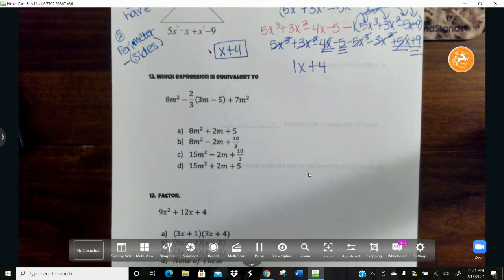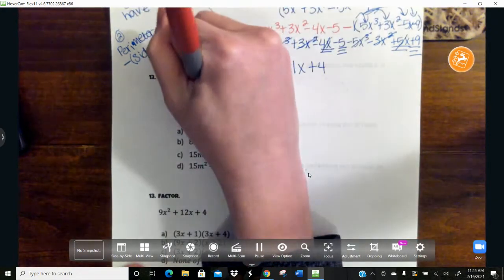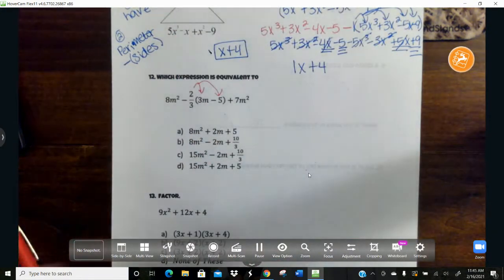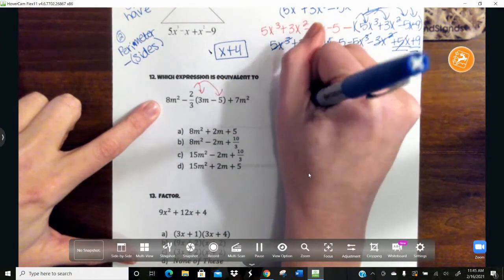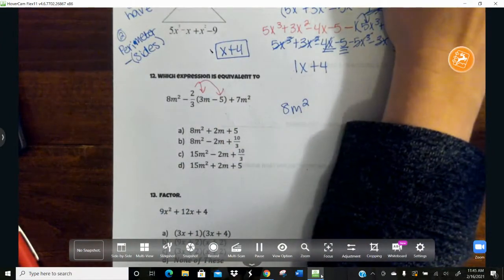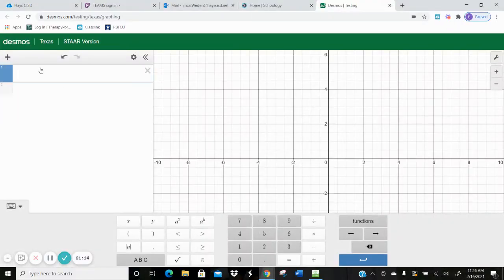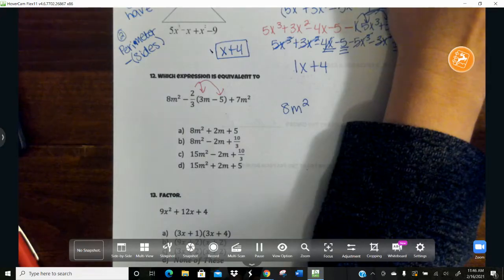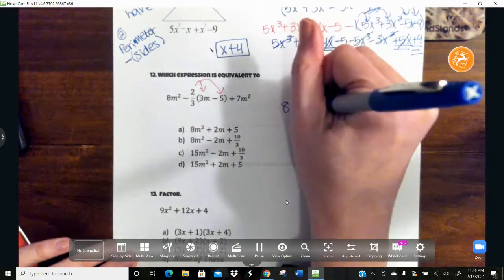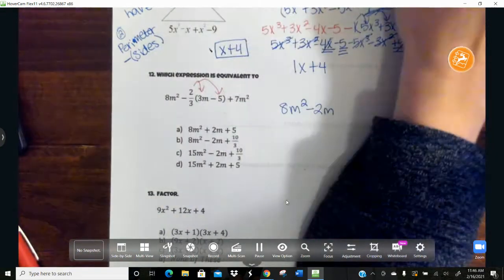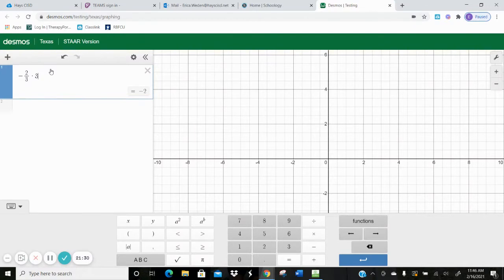Okay, which expression is equivalent? We see parentheses, so we need to distribute. I'm going to rewrite the first term, 8m squared. I'm going to go to Desmos because we don't like fractions. We're going to enter negative 2/3, and make sure you get out of the fraction, times 3. So we get a negative 2m. And then we're going to do negative 2/3 times negative 5.